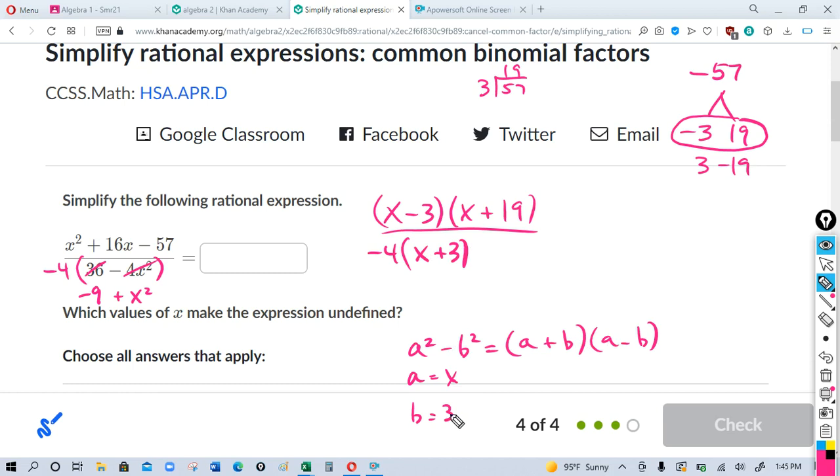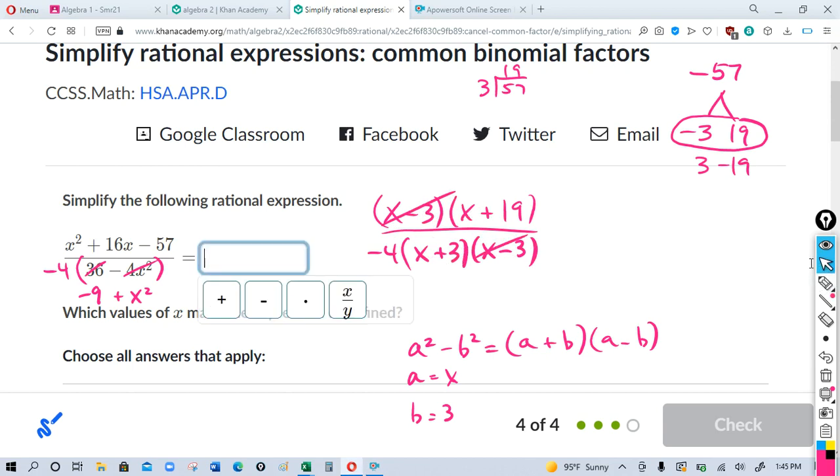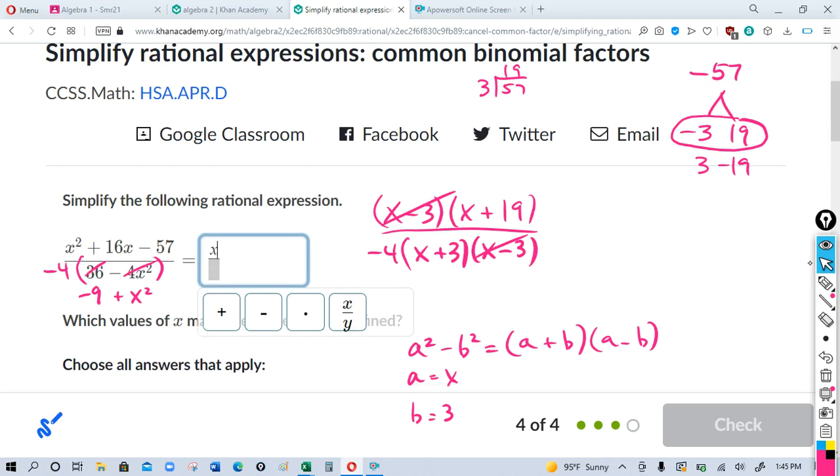And a minus b is going to be x minus 3. Okay? X minus 3 over x minus 3 cancels, and we're left with just this. So you enter that in the box. All right, hit the fraction button. X plus 19 in the numerator. Click the down arrow. Negative 4 times x plus 3.